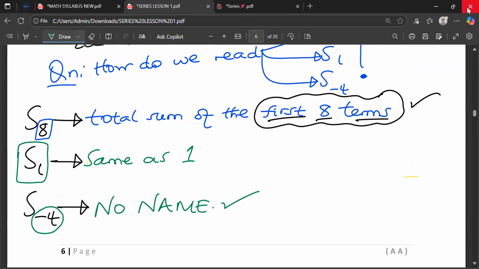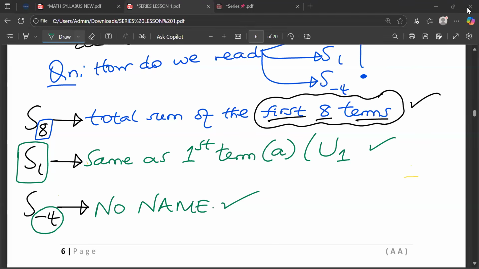Who agrees with me that what you may call sum of the first term is actually the same as the first term because the term is 1? No need of saying sum. It is S1, but trust me, it is the A, what someone can call U1, because you're dealing with only one term, which is the first term. So there is nothing like sum. That was a trick. So don't cram these things.